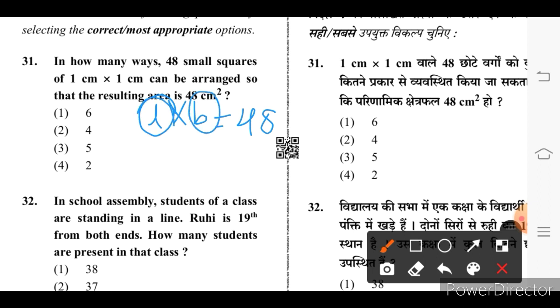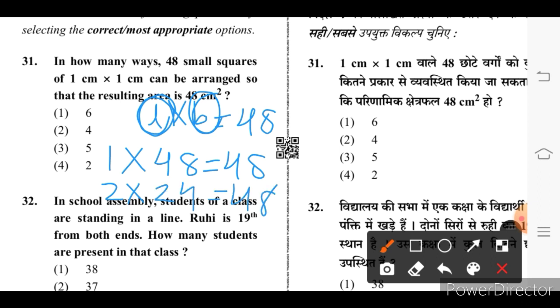Now we find the factors of 48. 1 into 48 is 48, 2 into 24 is 48, 3 16s are 48, and 4 12s are 48.